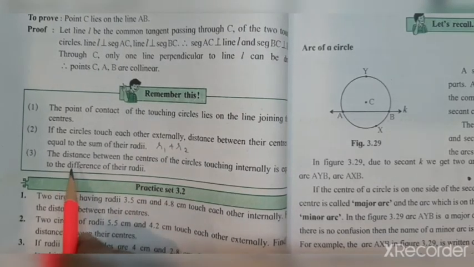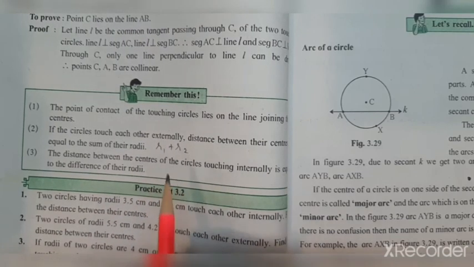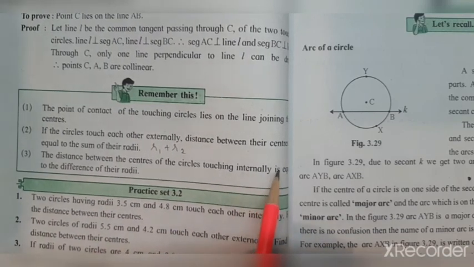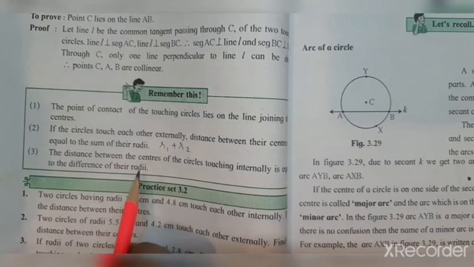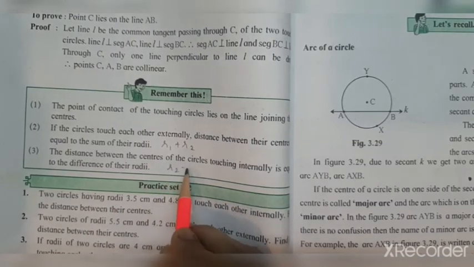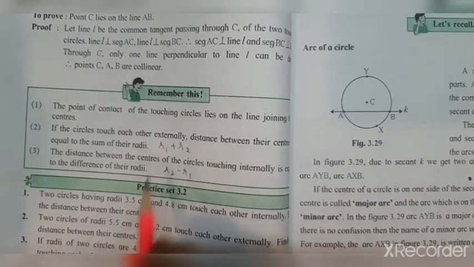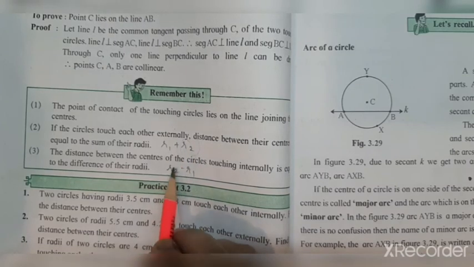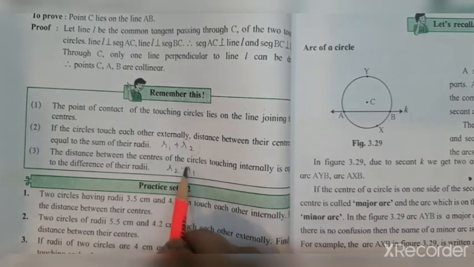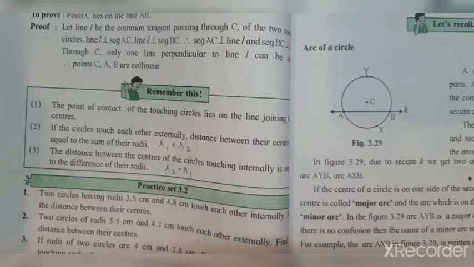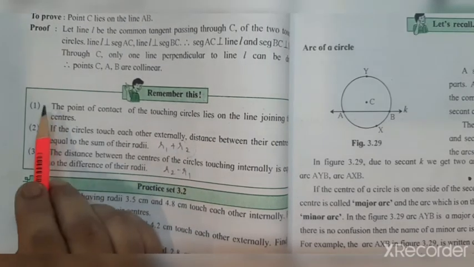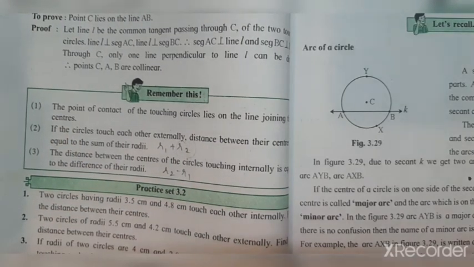And the distance between the centers of circles touching internally is equal to the difference of their radii, R2 minus R1, where R1 is the radius of the smaller circle and R2 is the radius of the bigger circle we had taken. So remember these 3 points.